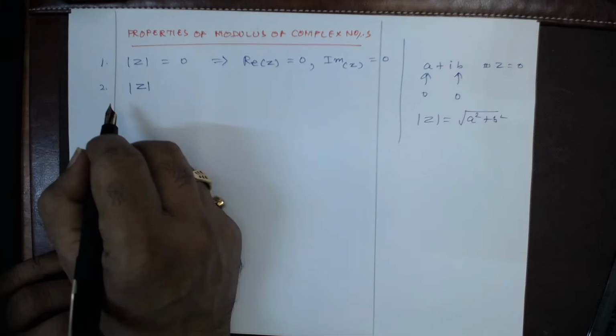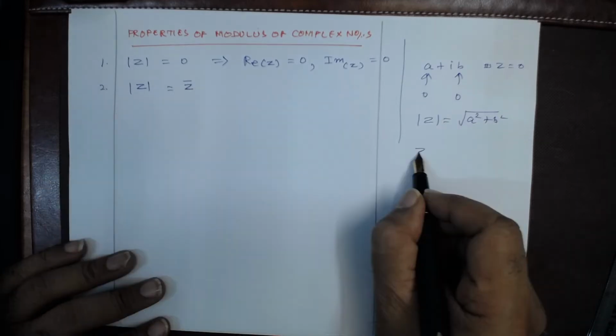Let us consider z equal to a plus i b. What do you mean by z bar?